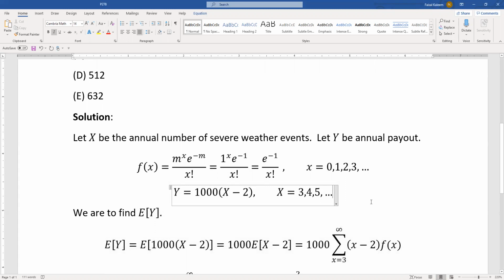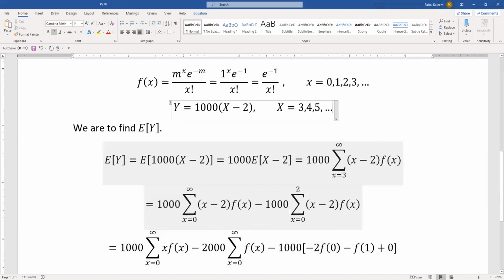Now, we would like this sum to start at 0 because then we can use the properties of expected value and the sum of all the values after we break this up. So we want this sum to start at 0 instead of 3. In the next step, I've written the same thing, but I'm starting the sum at 0 instead of 3.